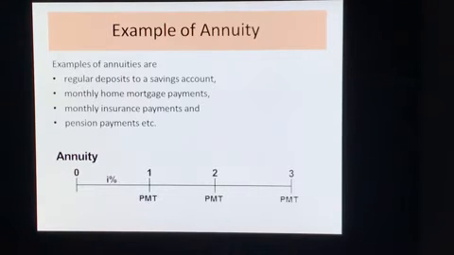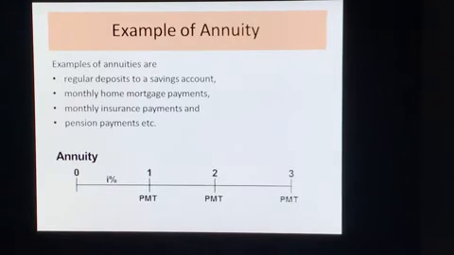Here are general examples of an annuity. Remember the characteristics. We have regular deposits to a savings account, monthly income, mortgage payments, monthly insurance payments, and pension payments. Normally, annuity payments are used in these kinds of transactions. If you are making equal payments into your savings account, that will be called an annuity.